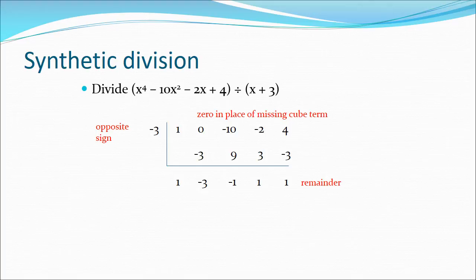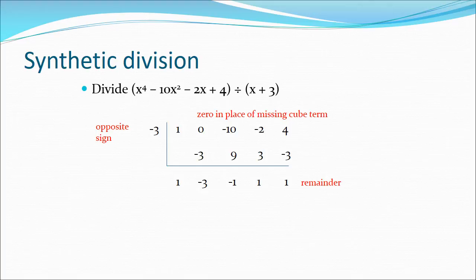You want the opposite sign there. Notice the top row is 1, 0, negative 10, negative 2, 4. These are the coefficients of x to the fourth minus 10x squared minus 2x plus 4. There is a 0 taking the place of the missing cubed term. X to the third is not there, so we have to put a 0 in its place.